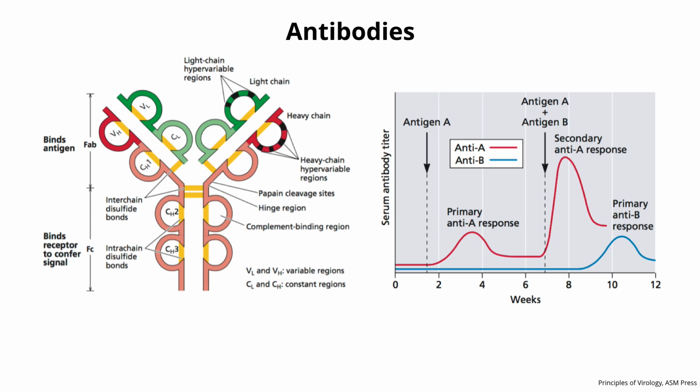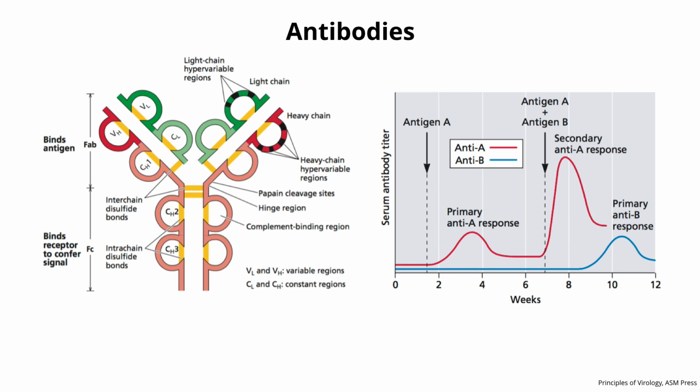And as you can see, antibodies are made up of 4 polypeptide chains, 2 heavy chains, the longer ones, and 2 light chains. The part of the antibody that binds to the antigen is up on the top here at the very tip. The hypervariable regions are the parts that interact with the antigen. And the top portion of this is called the FAB fragment. That's the part that binds antigens.